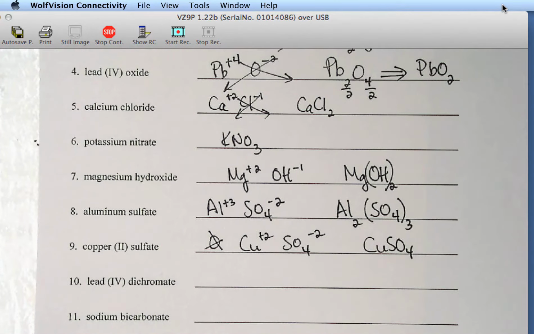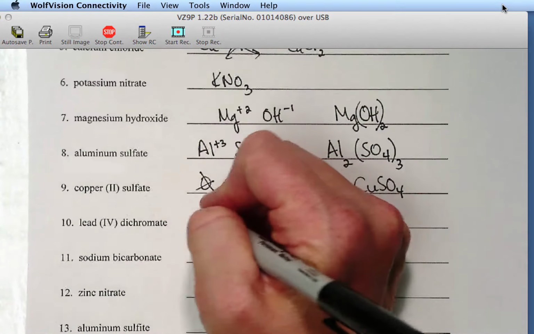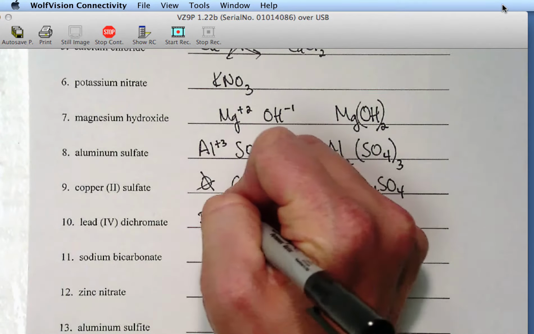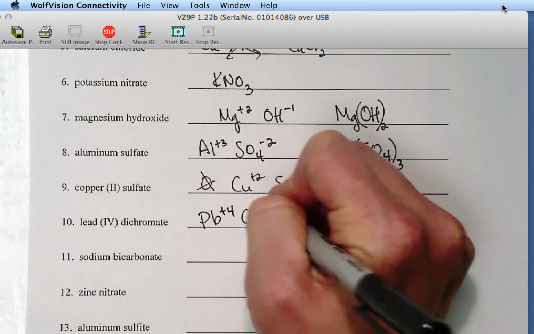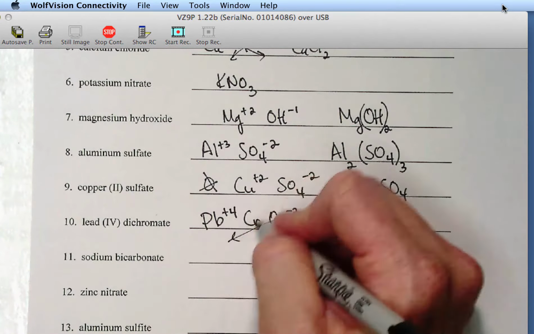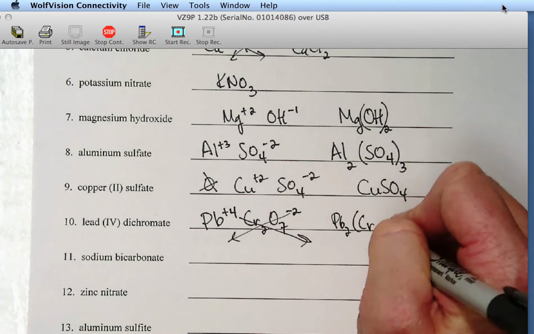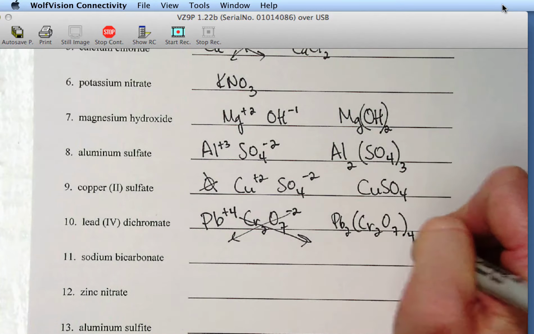And then, let's see, lead 4 dichromate. You do the cross and drop. You get Pb2 Cr2O7 4.